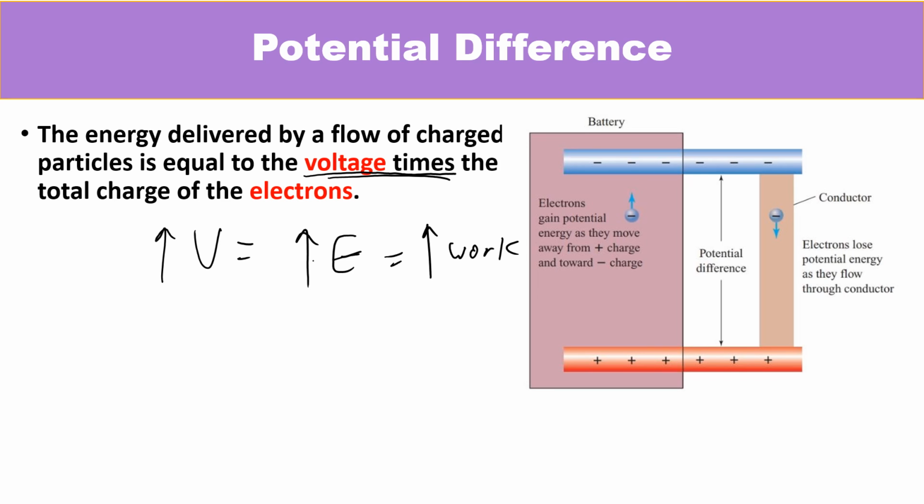If it's a blender, how much will the blender spin? If I have less voltage, less energy, that means less work. I want you to think about that as the dam analogy in a hydroelectric plant. Imagine you have a lot of water on the higher ground versus not much water on the lower ground.